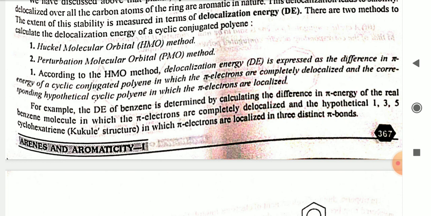For example, the DE of benzene is determined by calculating the difference in pi energy of the real benzene molecule in which pi electrons are completely delocalized and the hypothetical 1,3,5-cyclohexatriene Kekule structure in which pi electrons are localized in three distinct pi bonds.